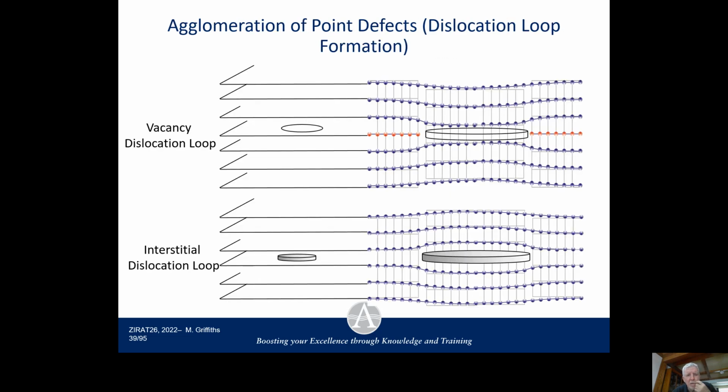And what do I mean by dislocation loops? Well, we can take the vacancies, the holes that were left from the displaced atoms, and they can accumulate in disks on a given plane, on a close-packed plane. That would be a vacancy loop. Or the interstitials can be pushed in between the planes and also create a dislocation loop.